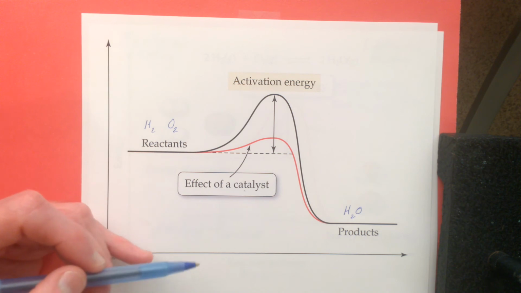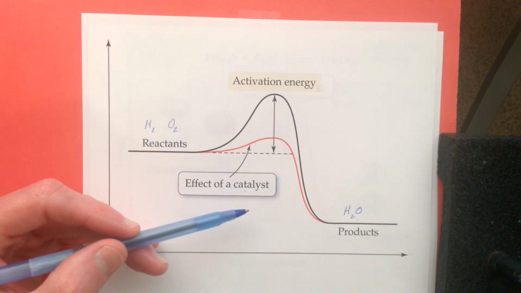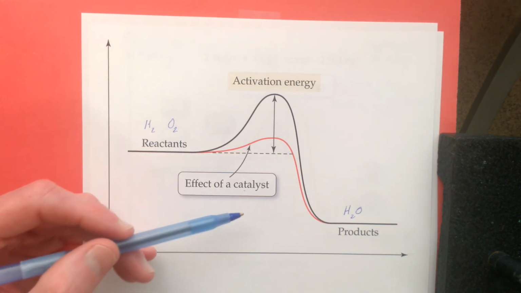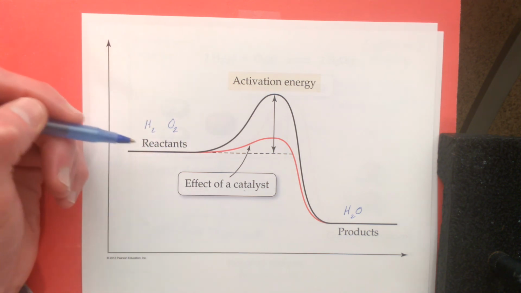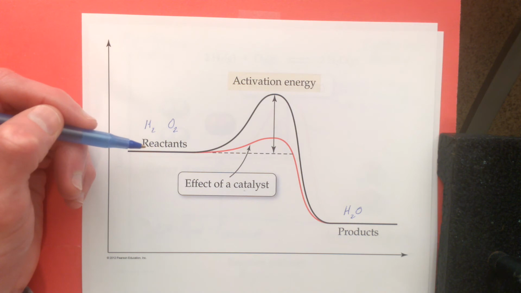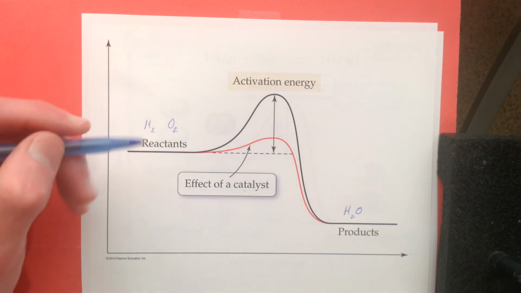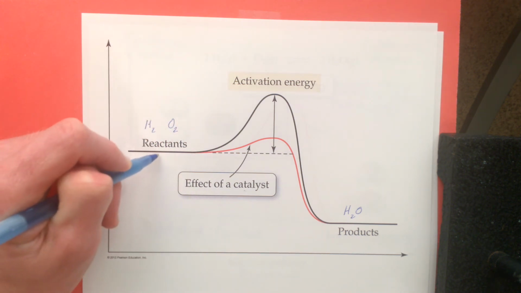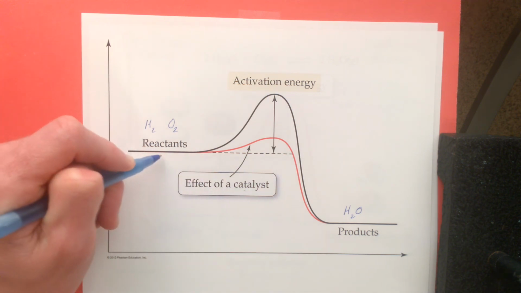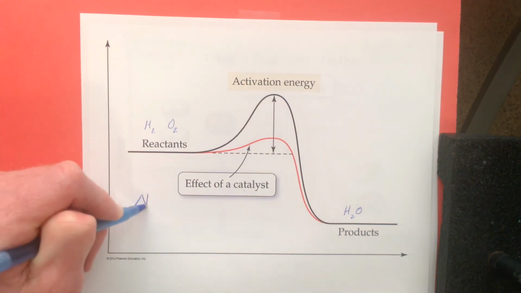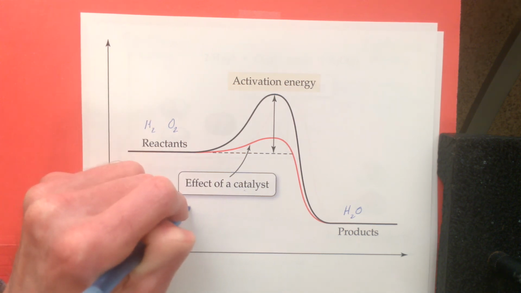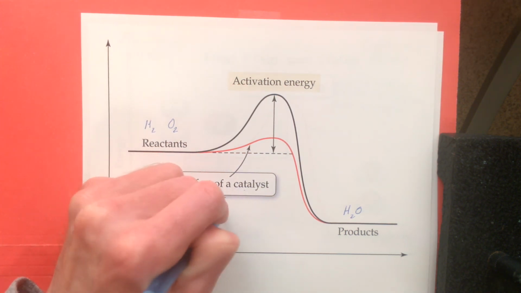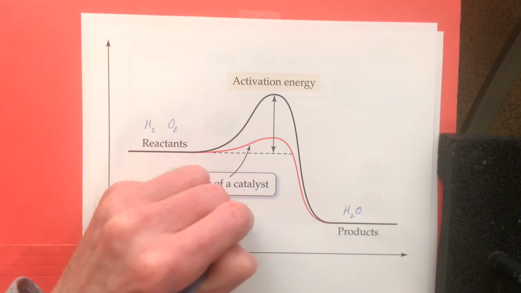Another thing I want you to remember is that the presence of a catalyst does not change whether a reaction is exothermic or endothermic. If you notice, this is an exothermic reaction. The enthalpy of a reaction is the energy of the products minus the energy of the reactants.